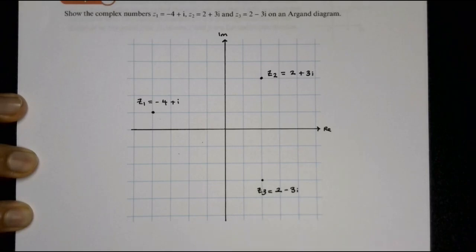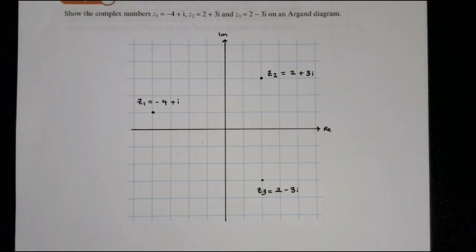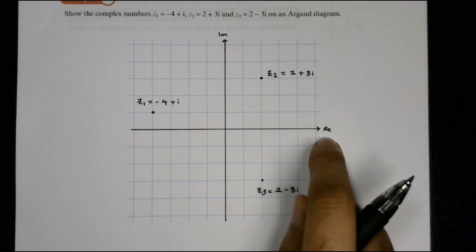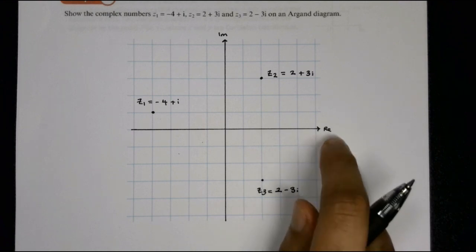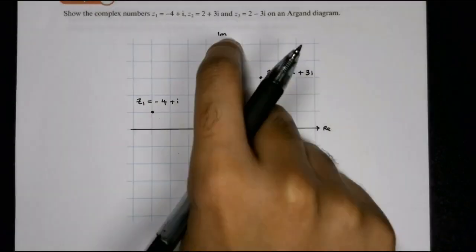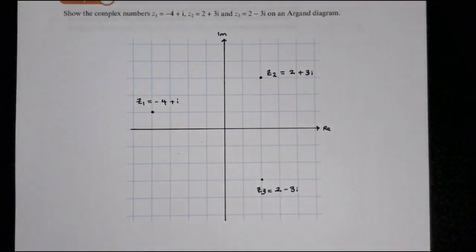And what you'd notice over here is the real part of each number describes the horizontal position along the real axis. The imaginary part describes the vertical position along the imaginary axis.